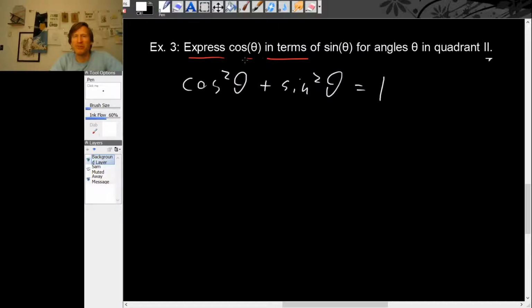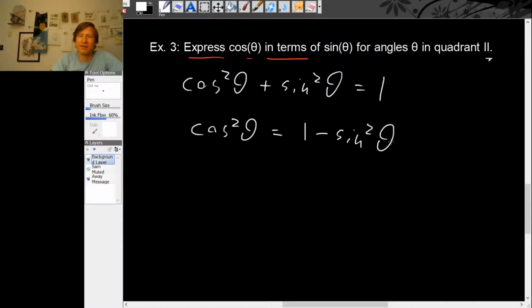That means we want to solve for cosine. So cosine squared theta equals 1 minus sine squared theta. And then we can take a square root. Cosine theta is plus or minus the square root of 1 minus sine squared theta.